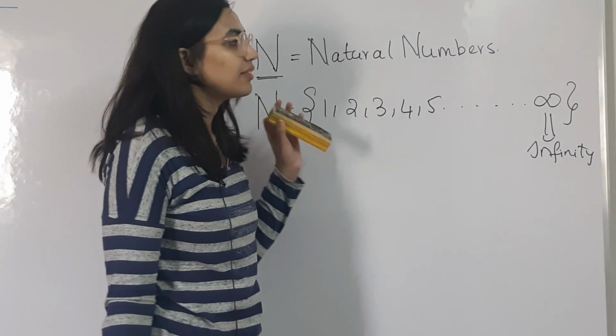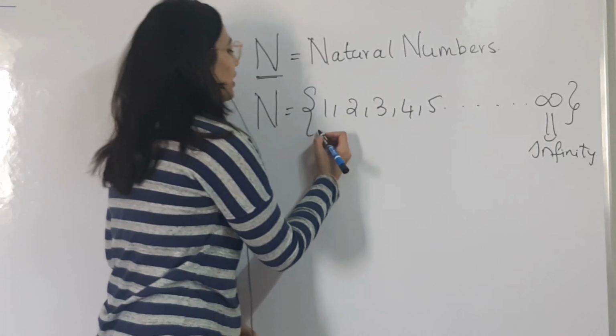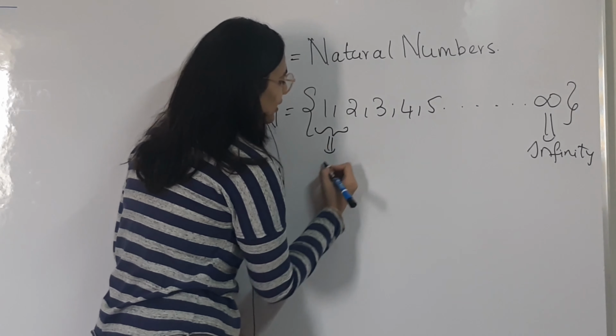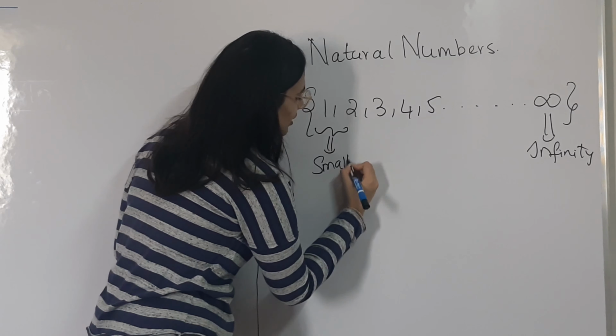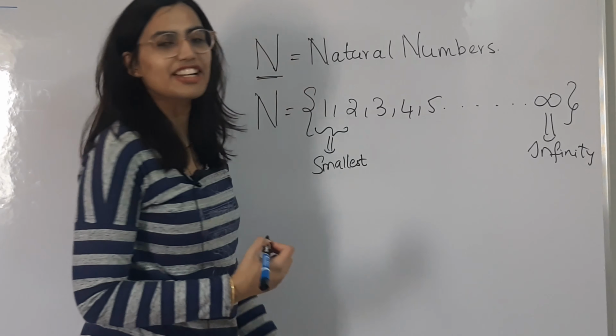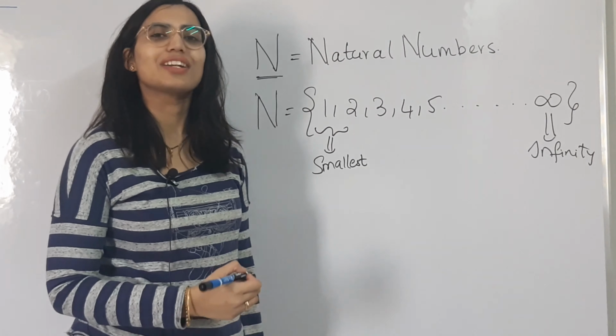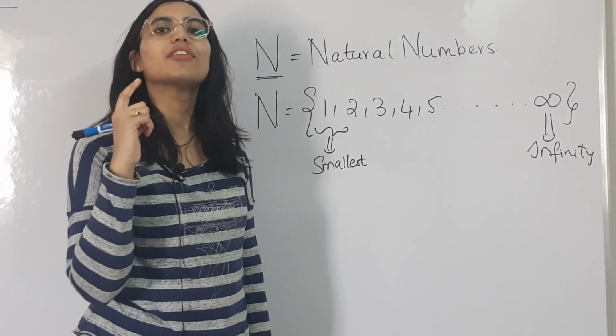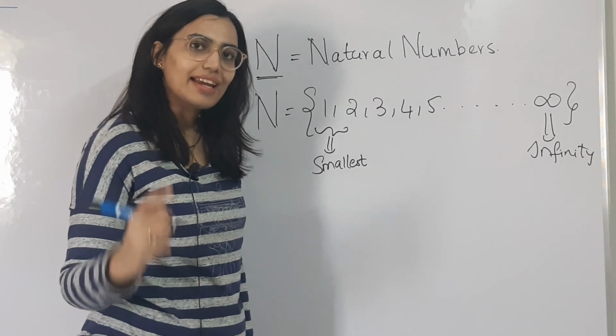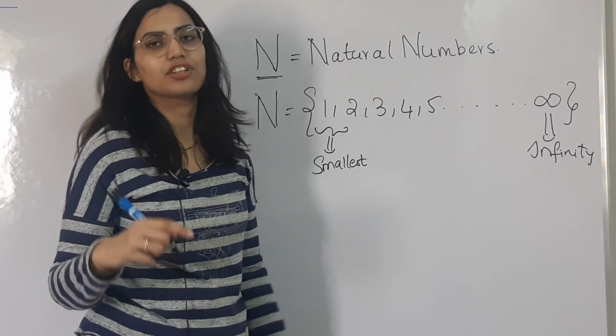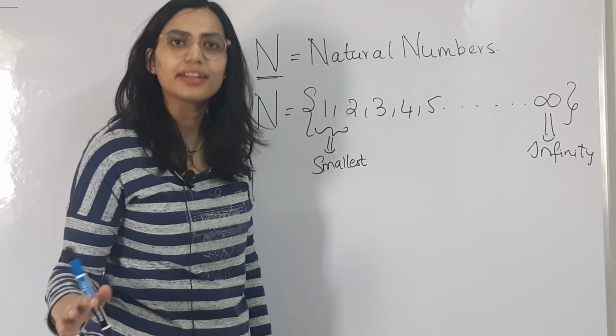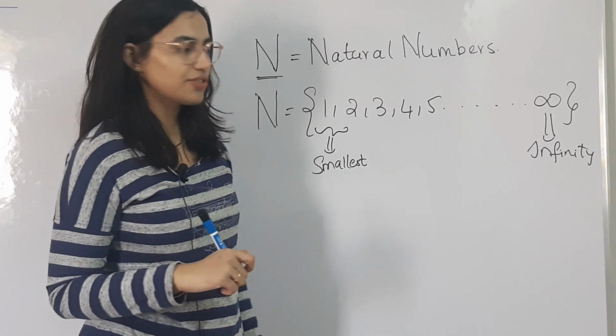There are infinite numbers, and 1 is the smallest natural number. So natural numbers start from 1 and end at infinity, or you can say there is no end to the natural numbers.